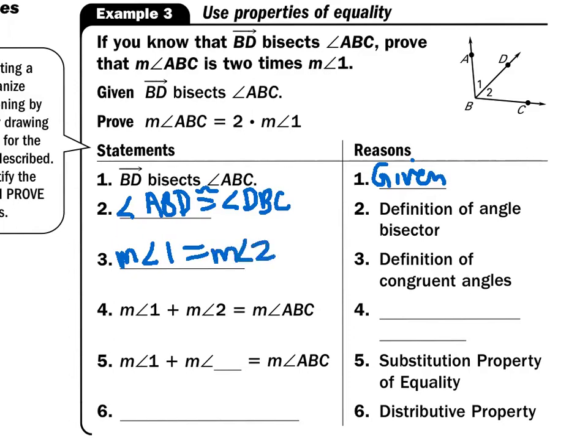So we're taking it from the shapes being congruent to the numbers linked to them also being the same. Now, measure 1 plus measure 2 equals measure ABC. And that's the angle addition property, or postulate.